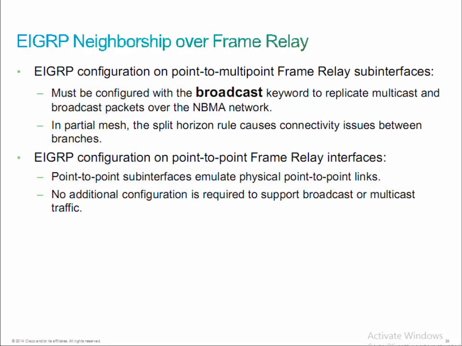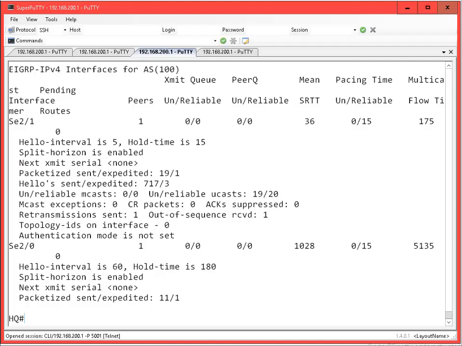All right, frame relay. Now, frame relay is kind of a unique monster because it is considered to be NBMA, non-broadcast multi-access, and because it is traditionally non-broadcast, or it has been in the past, it means that multicast establishment of neighborships is not possible. Now, here's the thing about frame relay.